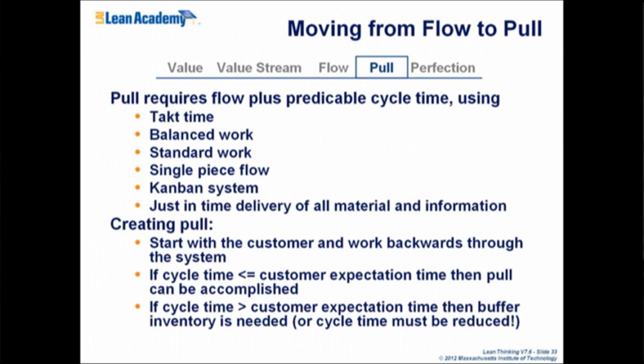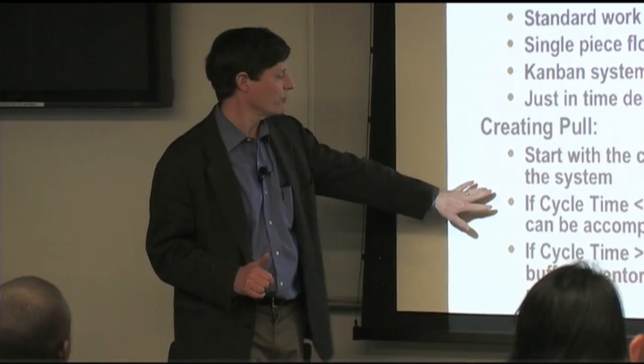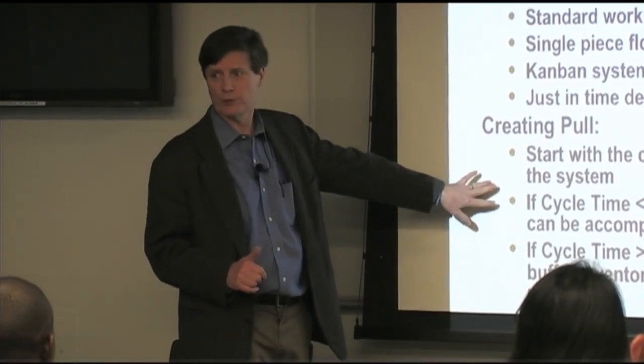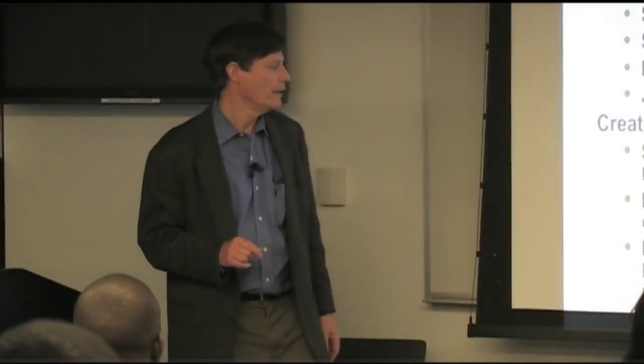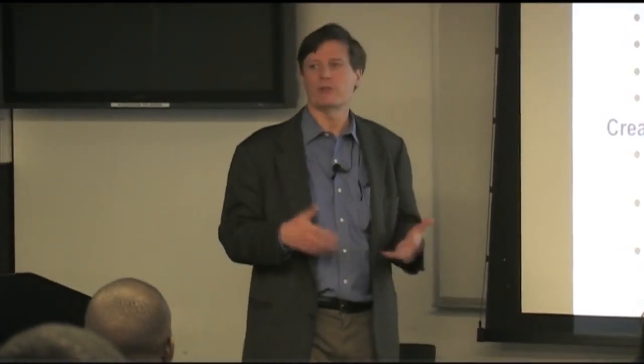And a pull system starts with the customer, and essentially the signals work backwards through the system. What does that mean? From the customer's point of view, it means that either the cycle time is lower than my expectation for when my product will be delivered or when my service will be delivered, or there's inventory in the system. As an example, I ordered a computer a while ago, that computer right there. And I sort of mentally budgeted a couple weeks.